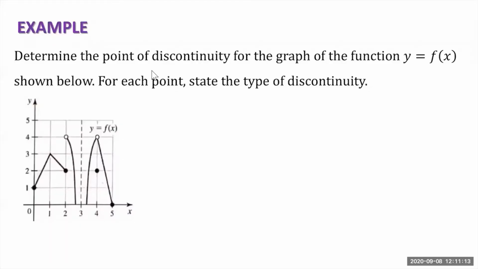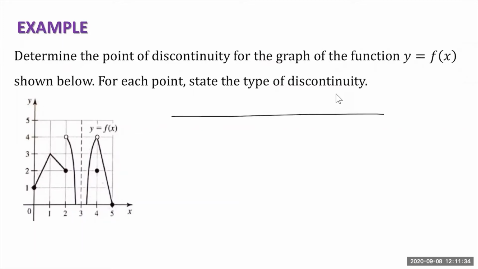Example: determine the point of discontinuity. You have to look at this graph and then you have to tell where the function is discontinuous, and you have to tell what type of discontinuity that is. So what we are doing is we are writing two things here. Let me make a table.